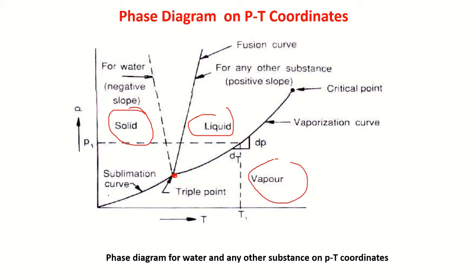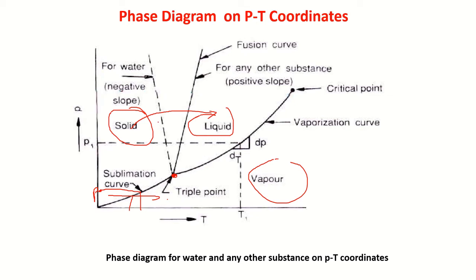If I follow this path, maintaining this pressure, if I increase the temperature, I'll get vapor. This I call sublimation. Or keeping this temperature constant, if I maintain this pressure, I'll start sublimating. In the same way, the solid I can convert into liquid by increasing the pressure as well as the temperature.